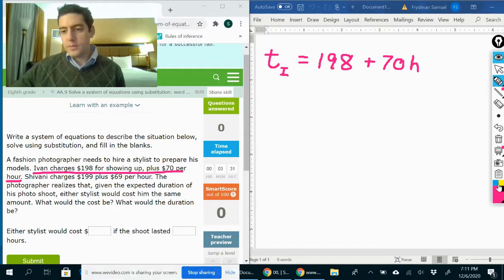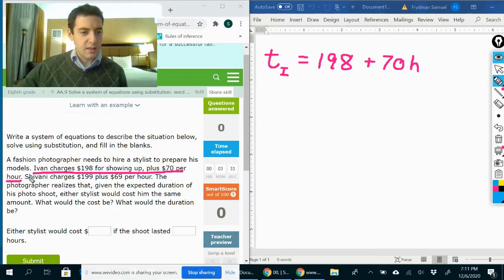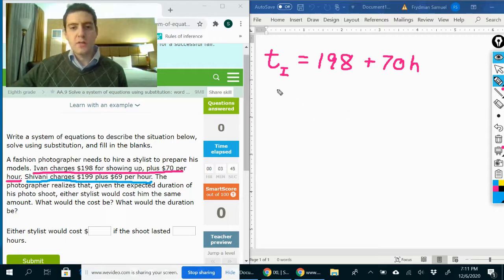Okay, and now let's look at this next sentence here. So here's another stylist, Shivani. Shivani charges $199 plus $69 per hour. So let's write an equation for Shivani. That would be the total that Shivani charges. We'll put a subscript of S there to say that this is the total for Shivani.